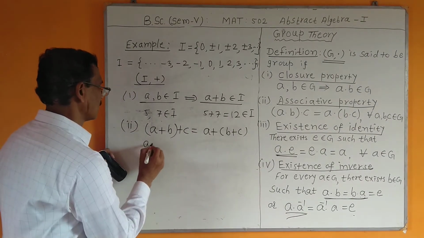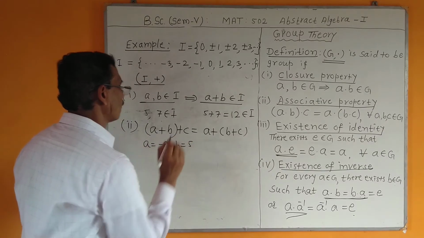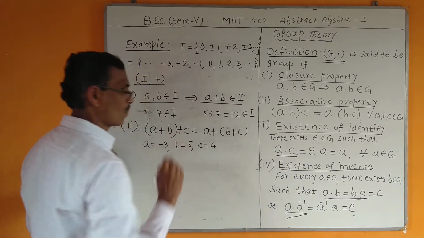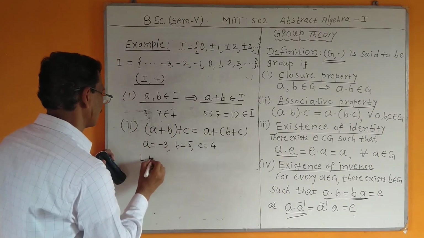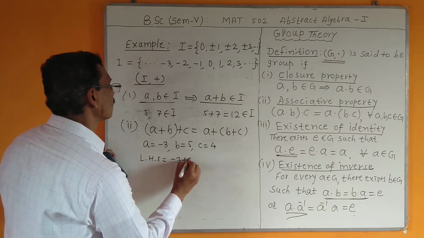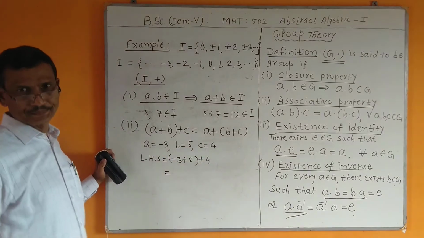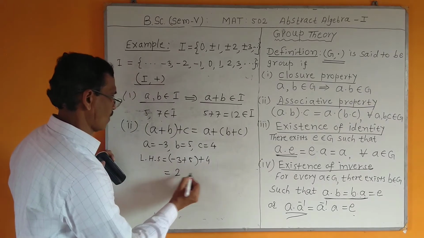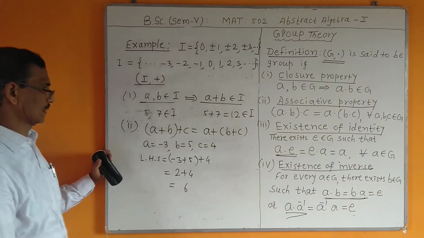For example, consider a = -3, b = 5 and c = 4. Consider the left hand side: (-3 + 5) + 4. -3 plus 5 is 2, plus 4 is equal to 6.